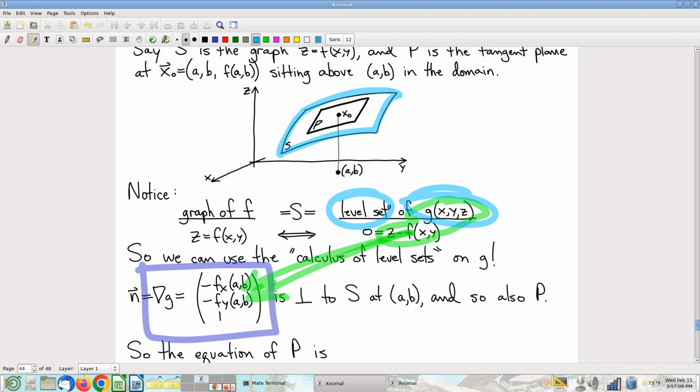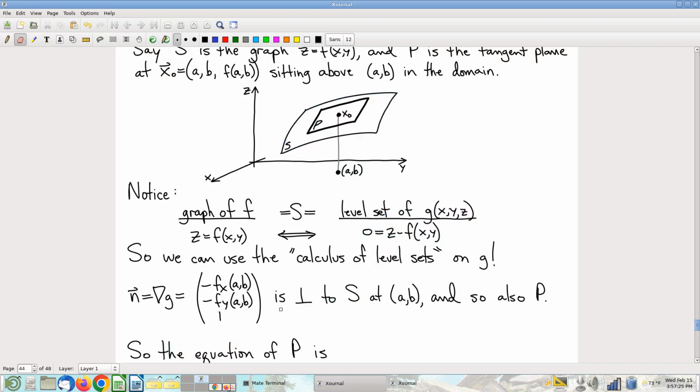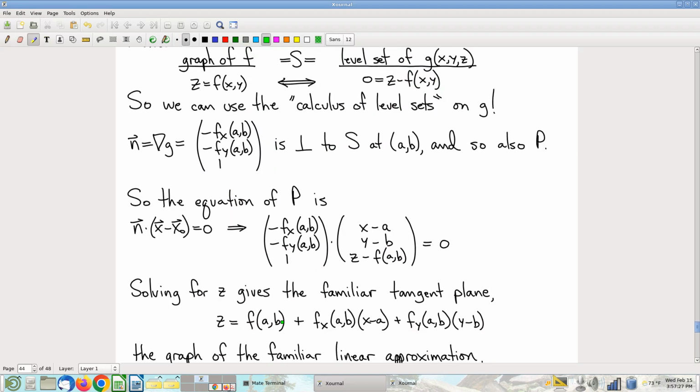All right, and then lastly, the z partial. Well, there's only one z in this expression, and it's that one term. The partial of z with respect to z is just 1. So it's really all over but the shouting at this point. We've got a normal vector.